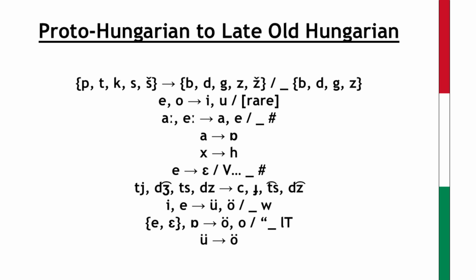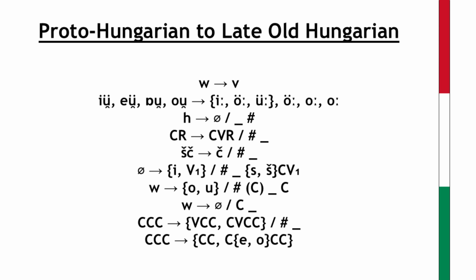The velar fricative shifts to glottal, palatal stops emerge, and a number of vowels undergo rounding. W shifts to V, diphthongs monophthongize, and word final H is lost.